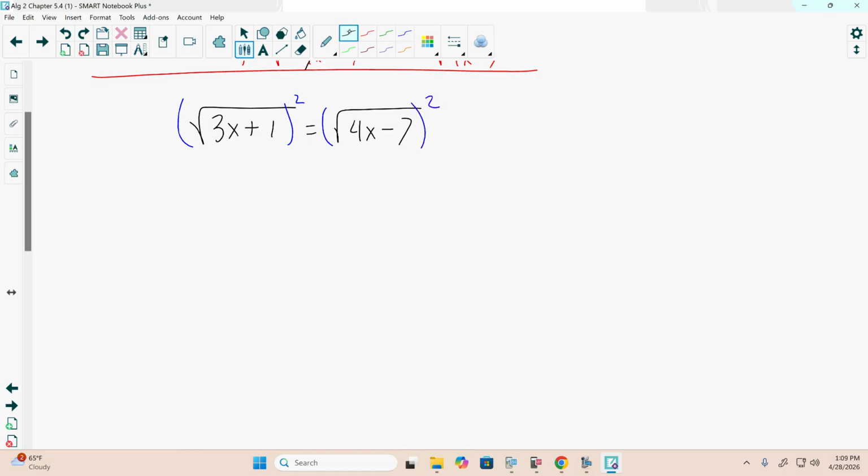Neither side do have addition or subtraction, so I don't actually have to distribute out.